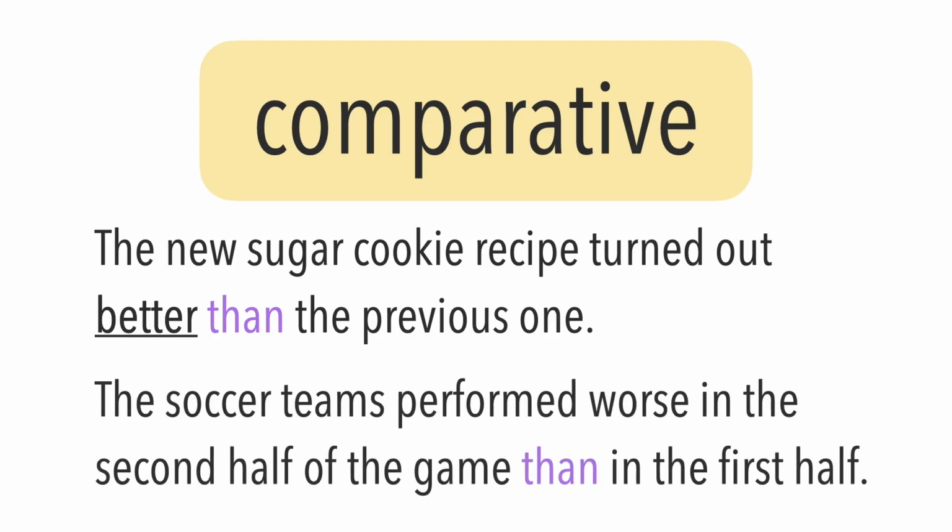Or, the soccer teams performed worse in the second half of the game than in the first half. It's helpful to remember that just like regular comparative adverbs, better ends in er. Worse is a bit trickier to remember because it doesn't have the same ending. But the more you practice it, the easier it will become to remember.